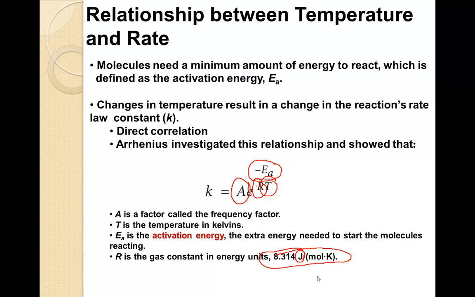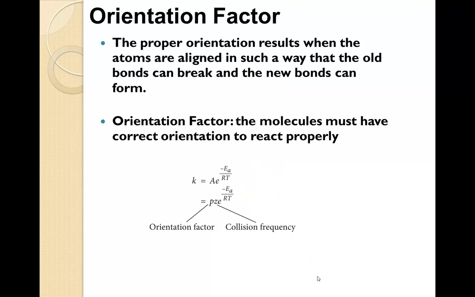The proper orientation results when the atoms are aligned in such a way that the old bonds can break and the new bonds can form. The orientation factor looks like a p, but it's actually the Greek symbol rho. The molecules must have the correct orientation to react properly, and we've discussed that with pictures earlier.